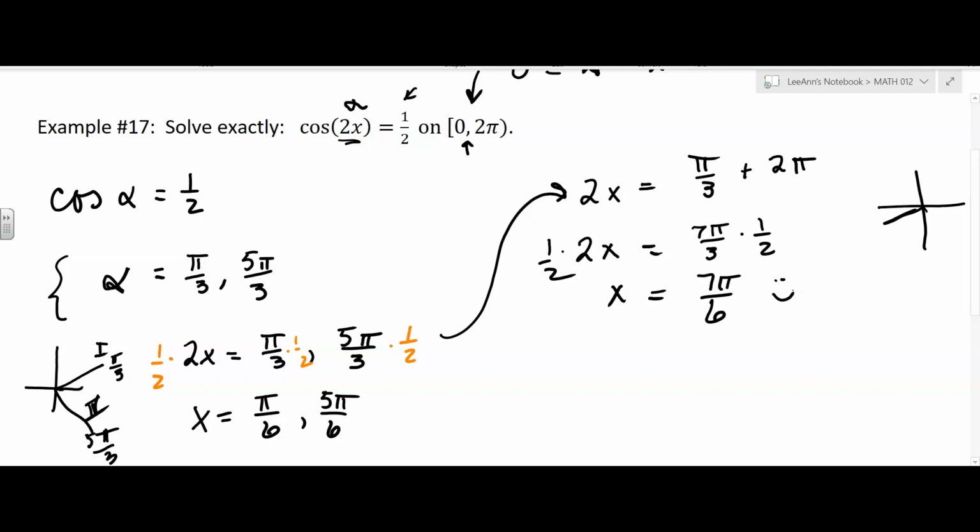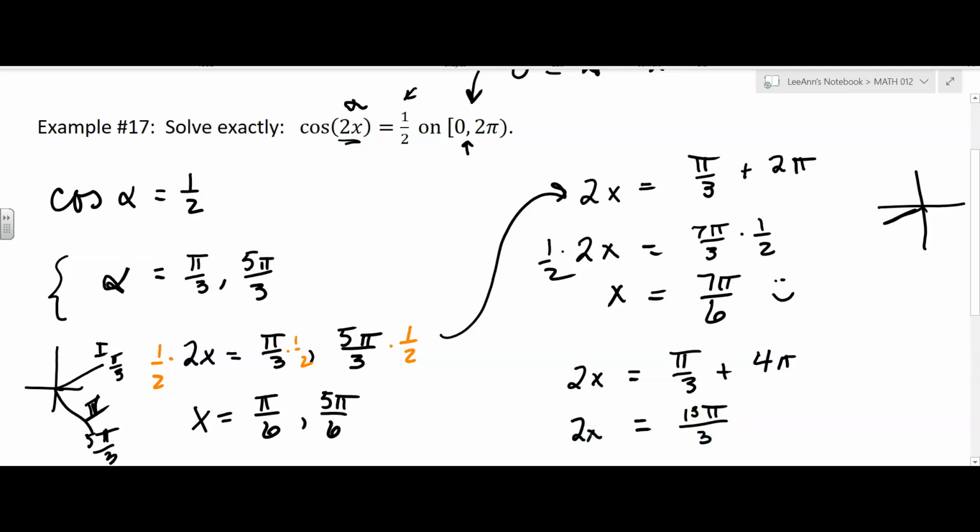You might say, well, what if I were to take 2x equals pi over 3? I did it again, geez. What do I get for working early in the morning? Let's say I wanted to go 2 times around the circle, so I'm going to add 4 pi to it. So that's going to be 13 pi over 3.